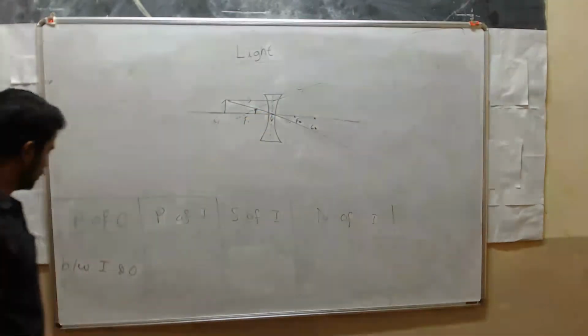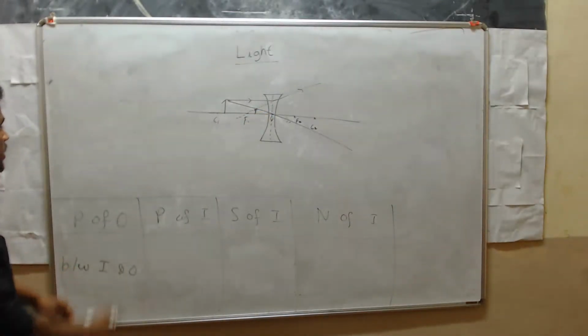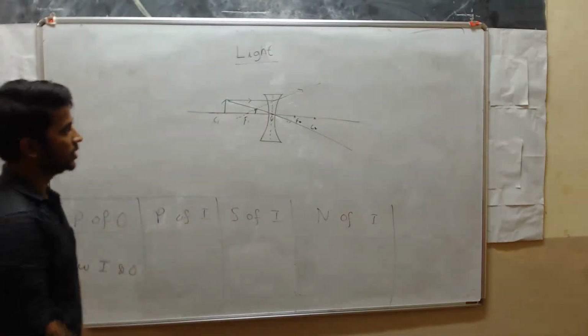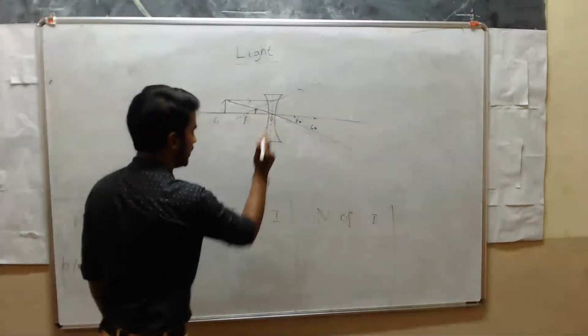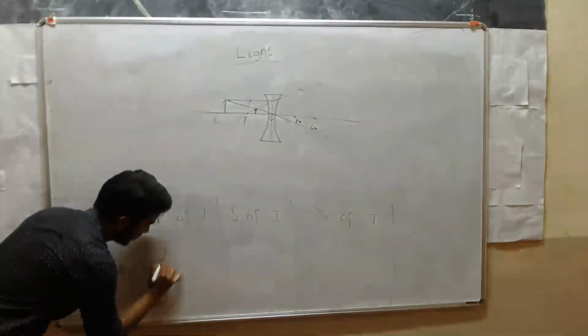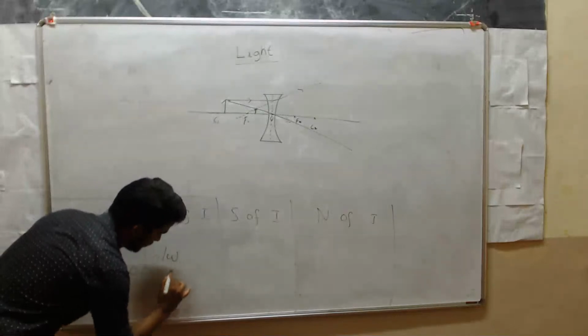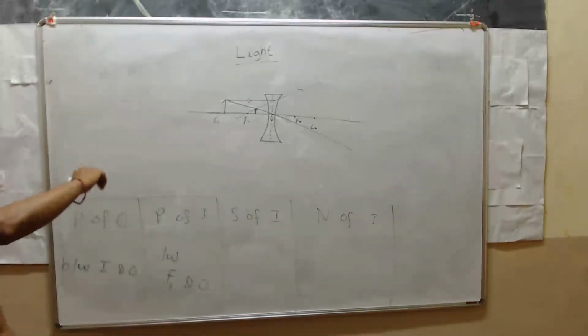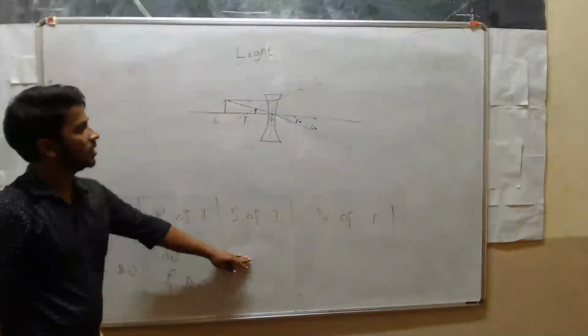See here, position of the object is between infinity and optic center. Then position of the image is between F1 and O, that is the optic center. Okay, what about the size of the image?